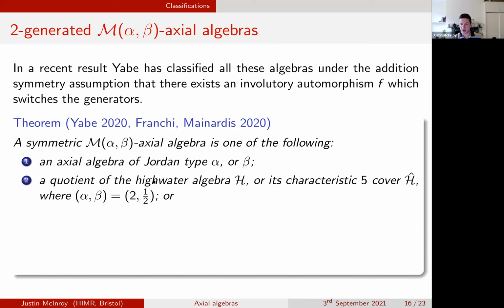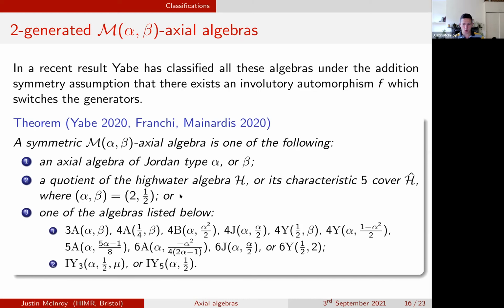You're a quotient of this Highwater algebra, or the bit which Clara and Mario found was that this Highwater algebra has a characteristic 5 cover. And here, for both of these, you must have alpha and beta being 2, 1/2. So alpha's 2, beta's 1/2. Or you're one of a list of examples.